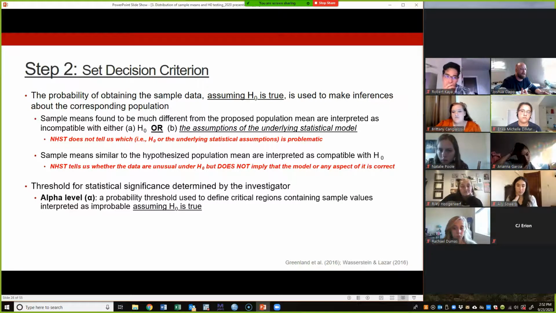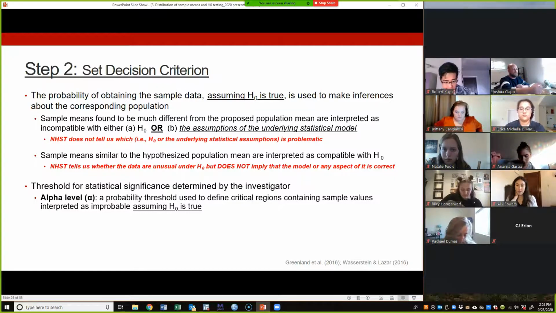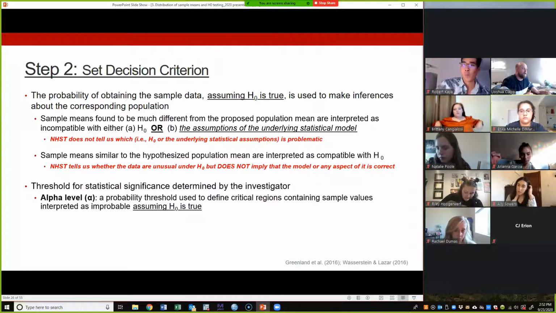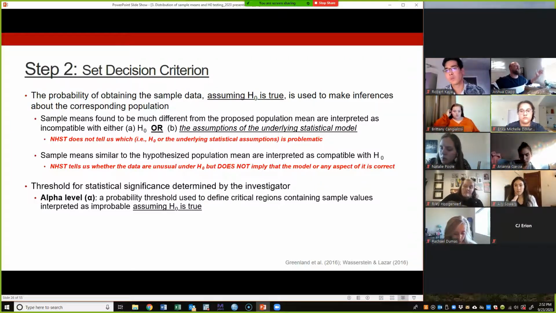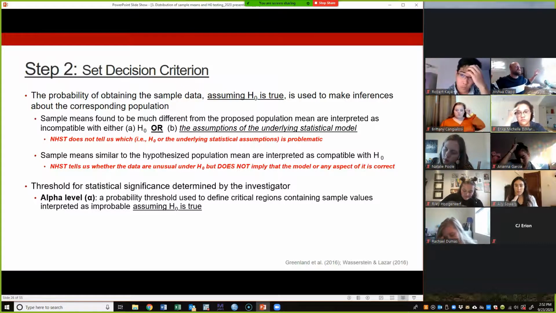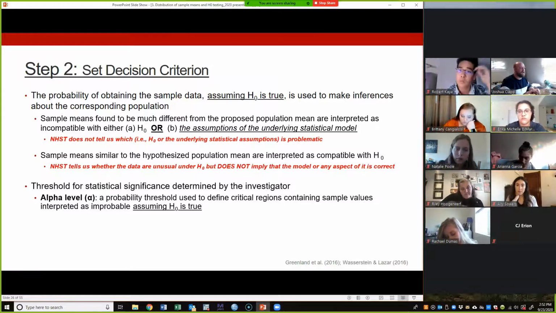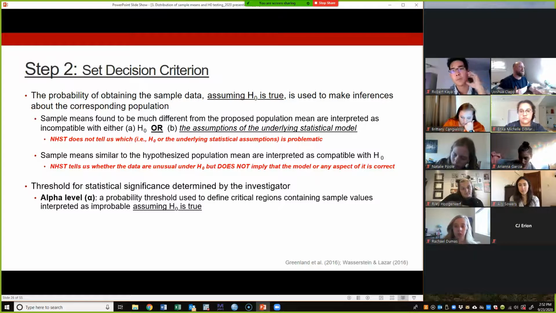Okay. And so this threshold for what we determine as statistical significance in a traditional sense is determined by you all, right? You get to say how unlikely these data need to be, assuming the null hypothesis is true, before I conclude that these data are likely incompatible with the null hypothesis, suggesting that my population of interest has some different characteristic.